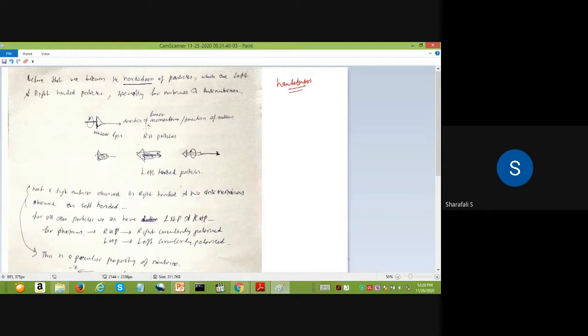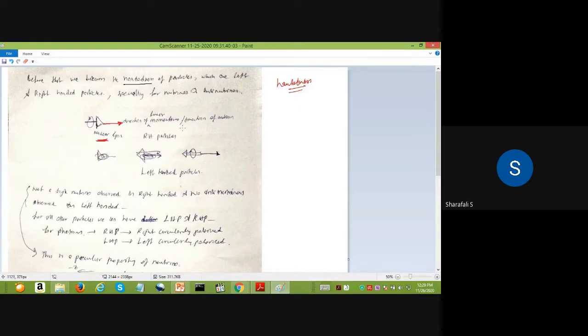If you consider the nuclear spin or the spin of the particle in one direction, for example, the larger arrow with the big head represents the nuclear spin, and the small arrow with a small head represents the momentum, that is, the direction of motion.